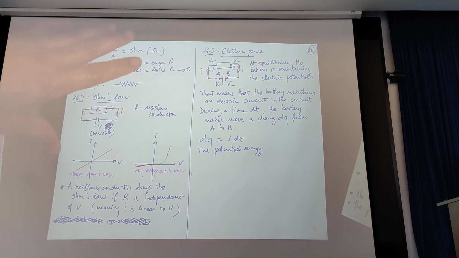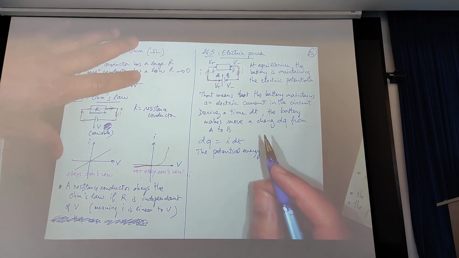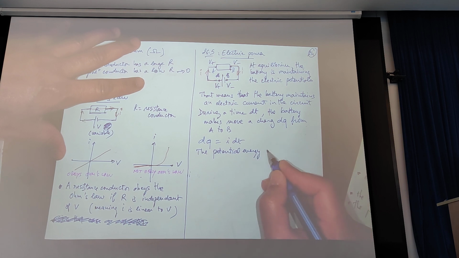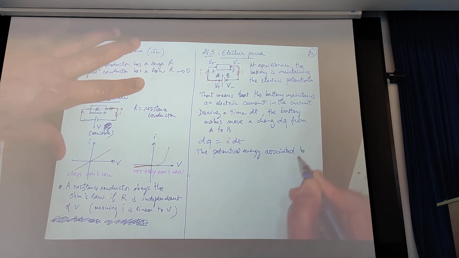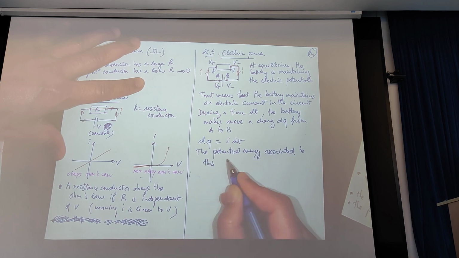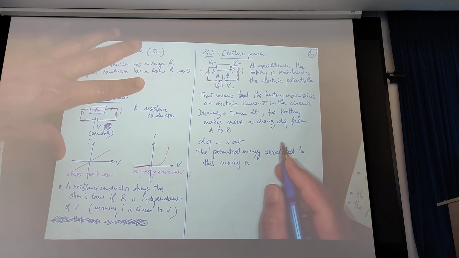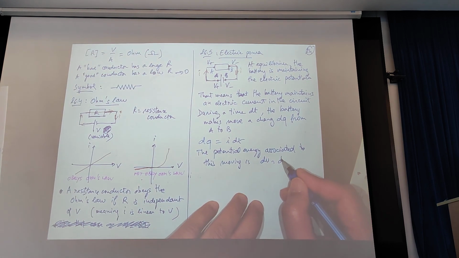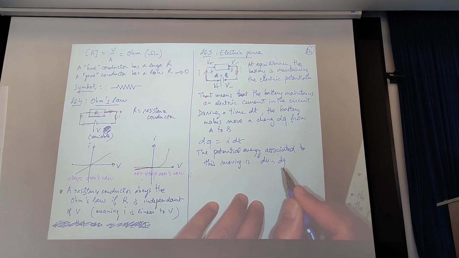So the potential energy associated to this moving is, of course, we have dU equal dq V_A minus dq V_B.